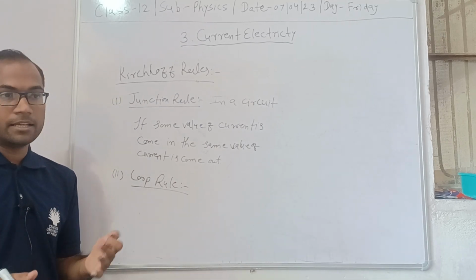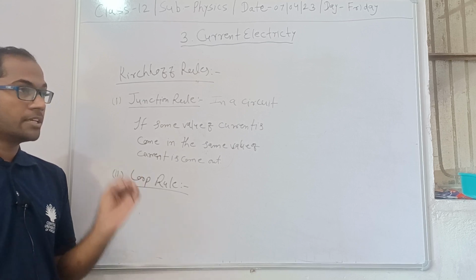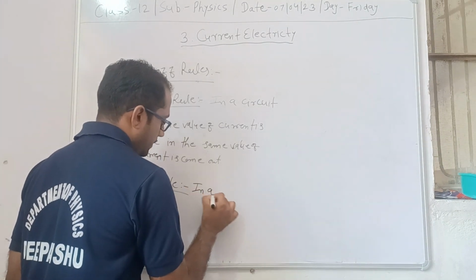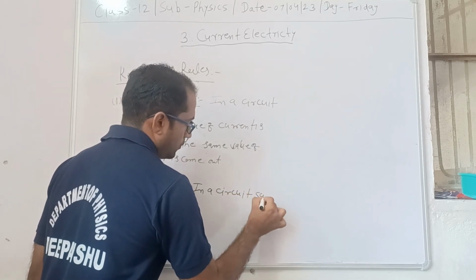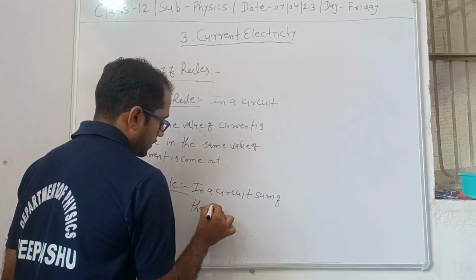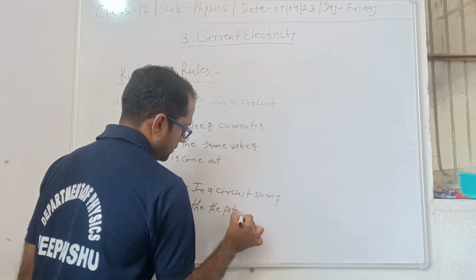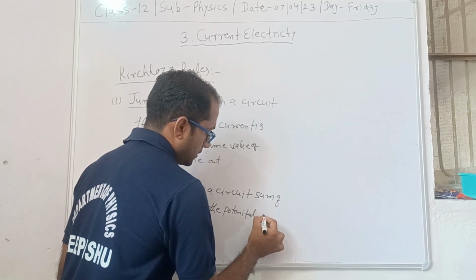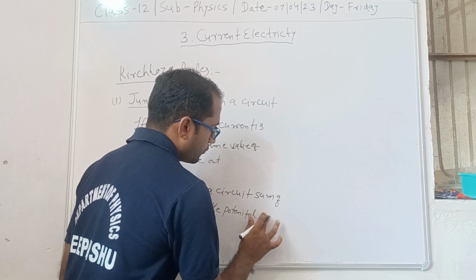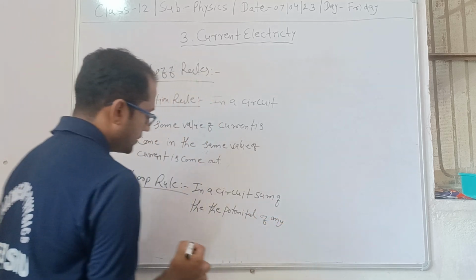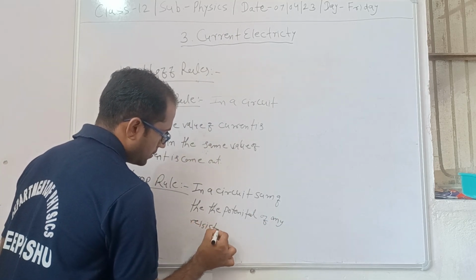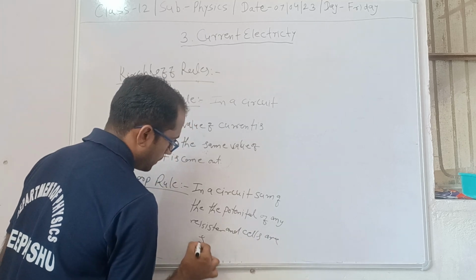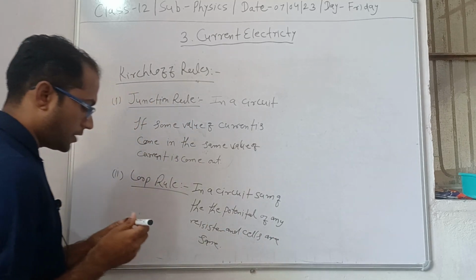Kirchhoff says that in a circuit, the sum of the potentials of any resistor and cell are the same. This is the second statement of Kirchhoff.